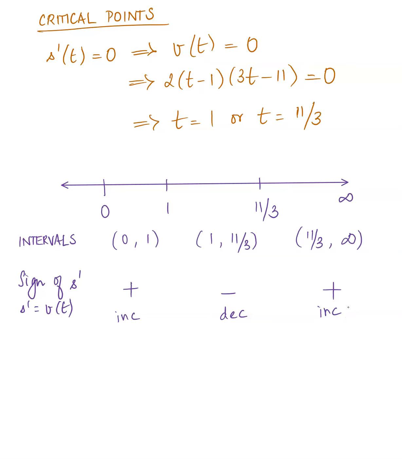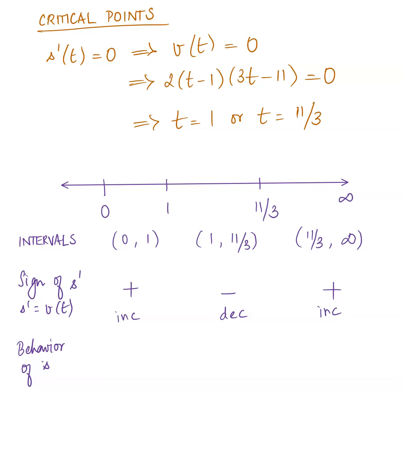That's the behavior of S, or the particle, because we're talking about velocity. Increasing and decreasing is the behavior of it as a graph. But when you talk about the particle moving and the velocity, velocity is positive or negative depending on right or left.